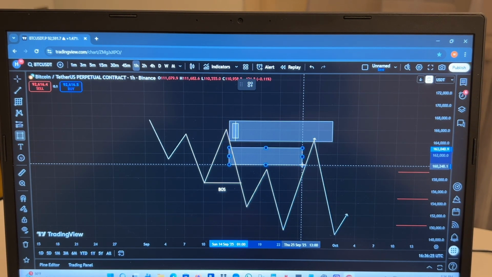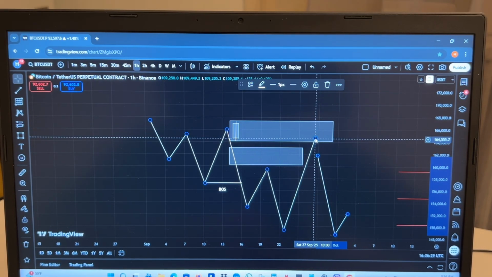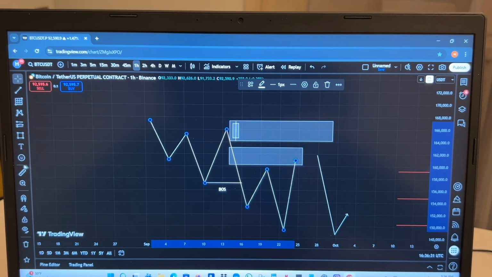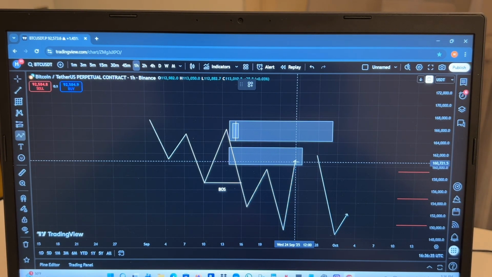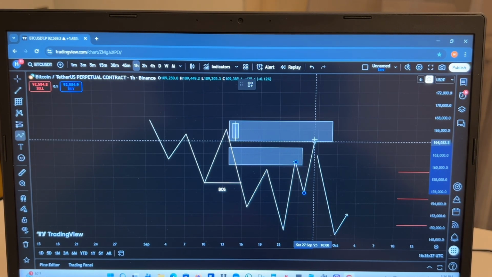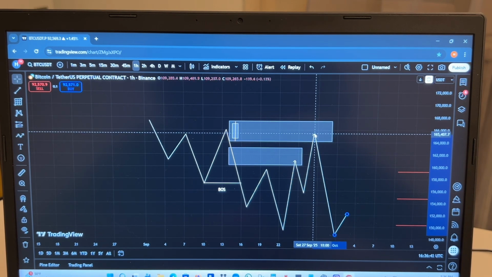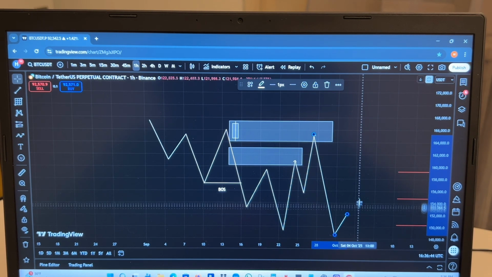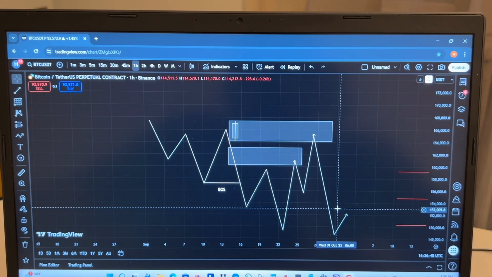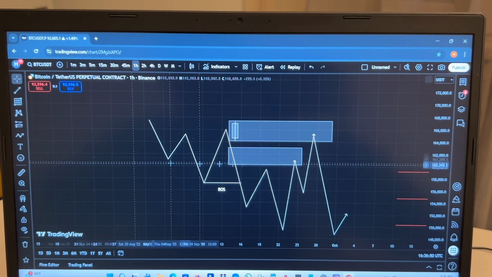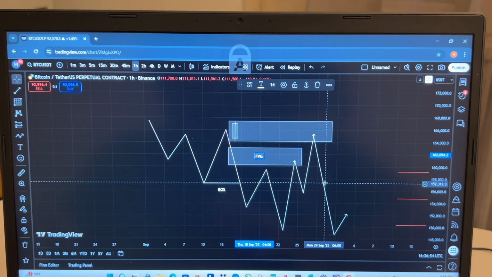The market's gonna come here, and then it's gonna give us a small pump and then go back down towards this order block and then dump further. So that's what's gonna happen in this scenario if this becomes an FVG.